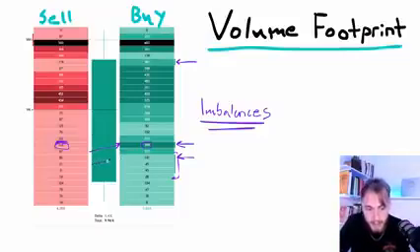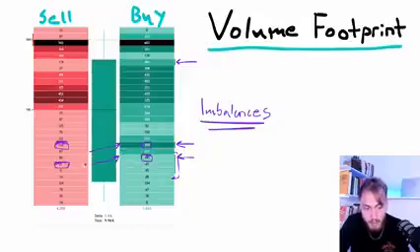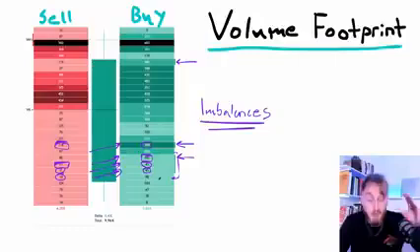Here we have an imbalance because 141 is more than 3 times larger than 21. Once again, here we have another imbalance because 45 is more than 3 times as large as 0. Here we have a diagonal imbalance because 45 is more than 3 times as large as 14.